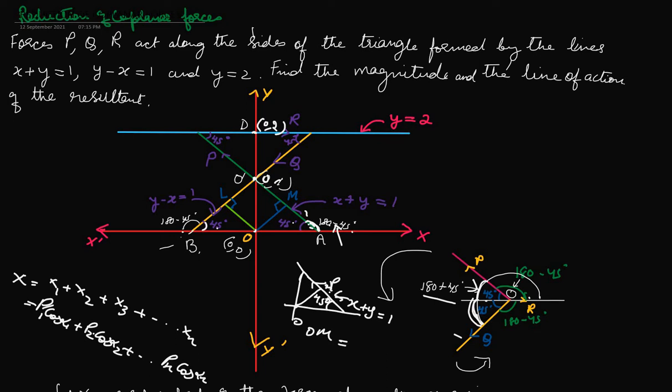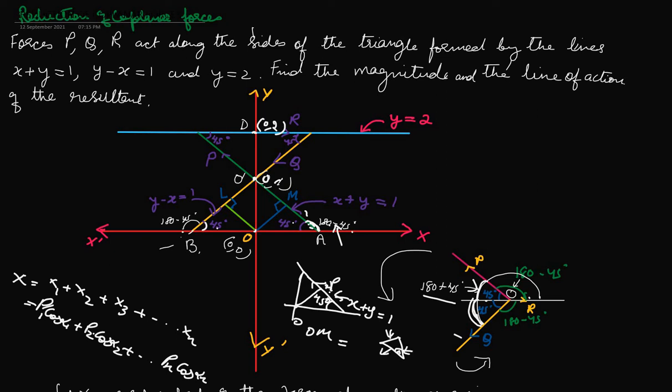You consider this right angle triangle. If this is the angle here, then this will be the perpendicular, this will be the hypotenuse, and this will be the adjacent.